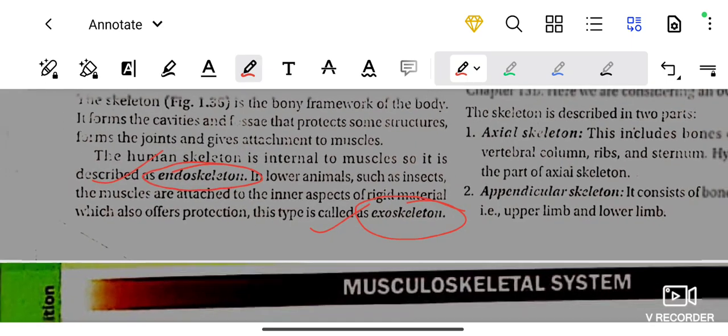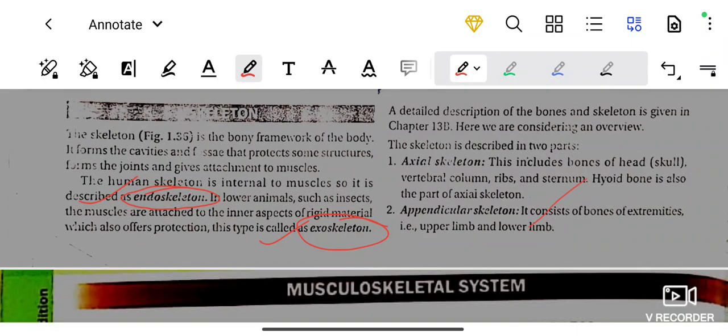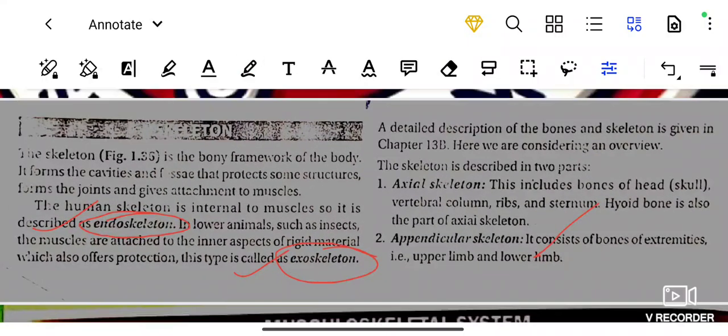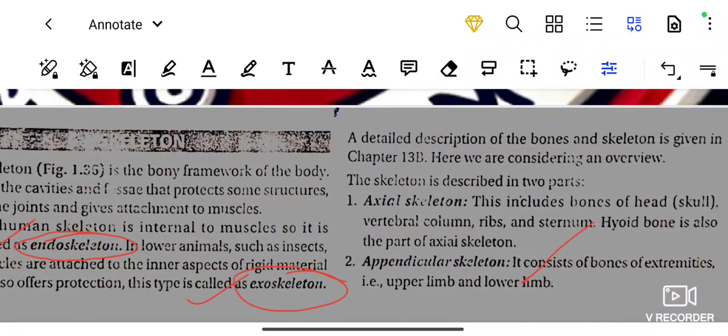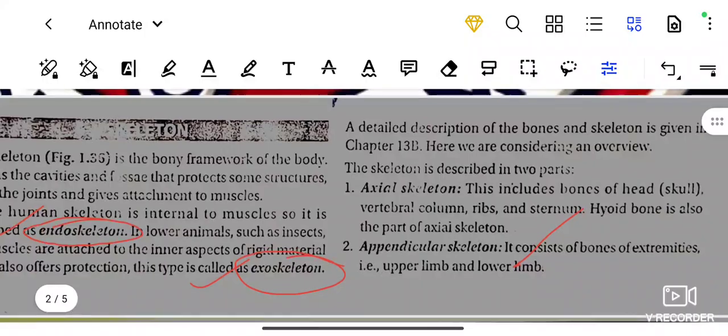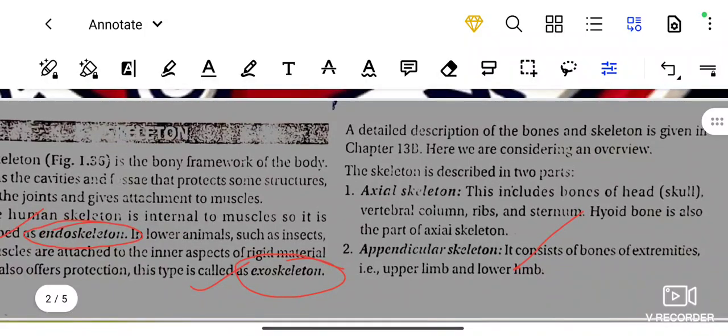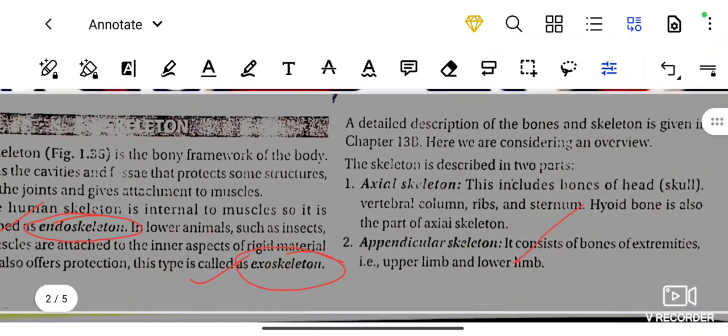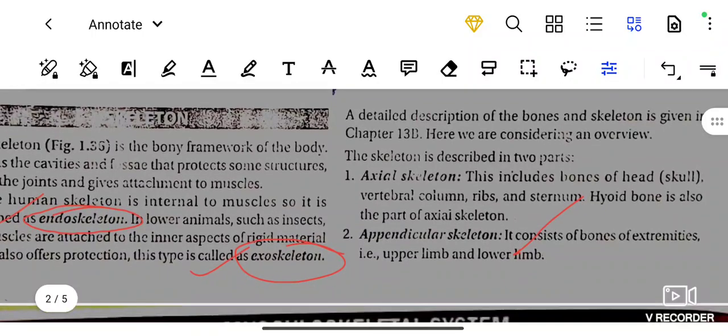Okay, we can go with the next section. A detailed description of bones and skeletons is given in this chapter. Later we will discuss the skeletons in detail, and here we are considering the overview only.